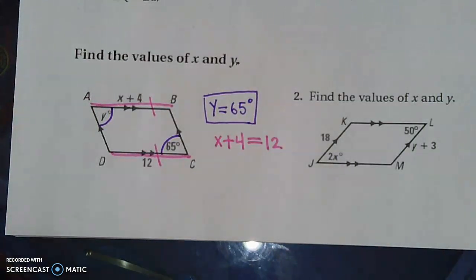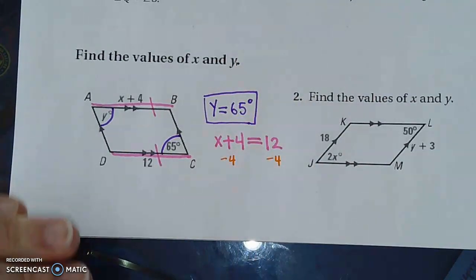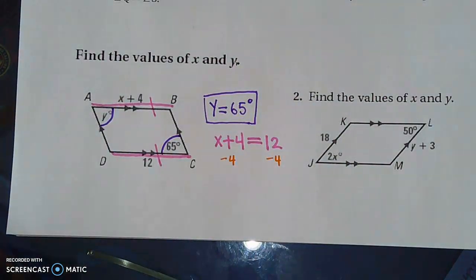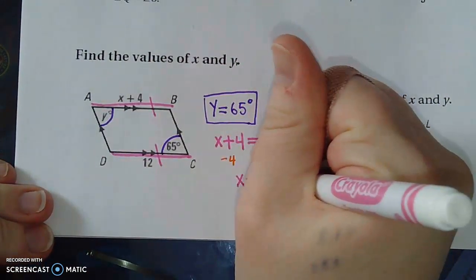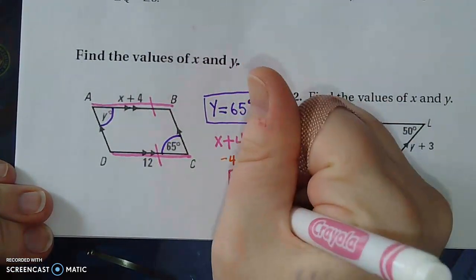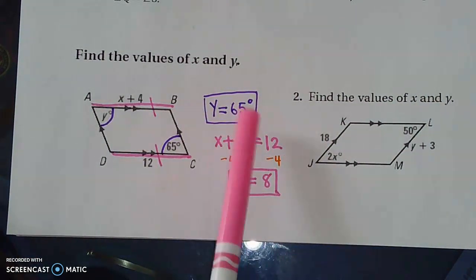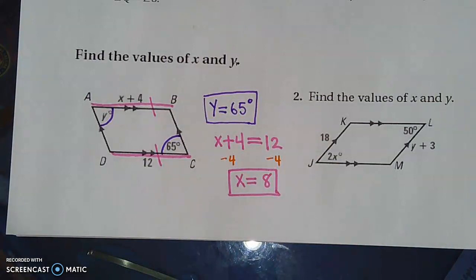Doing a little bit of algebra, if I subtract 4 on both sides, I will be left with x equals 8, and that concludes the question. I got x and y. X is 8 and y is 65 degrees.